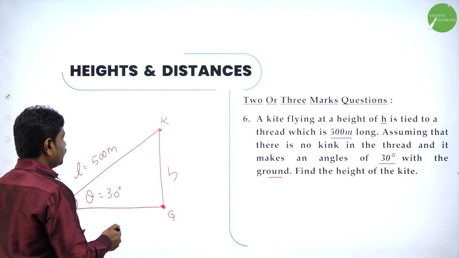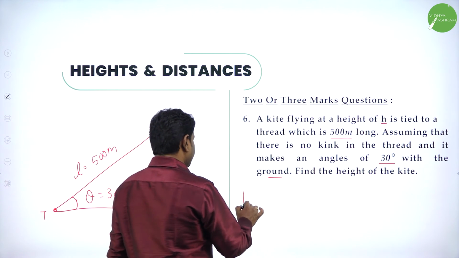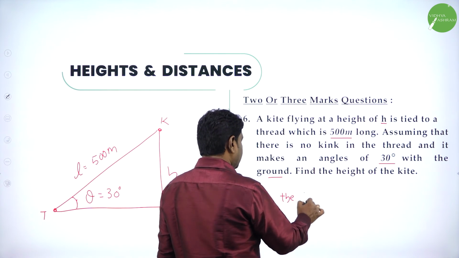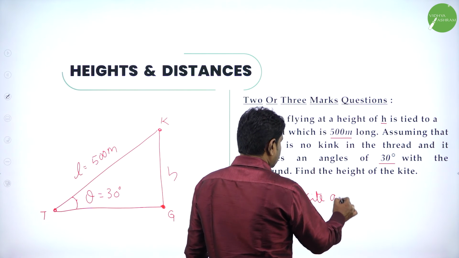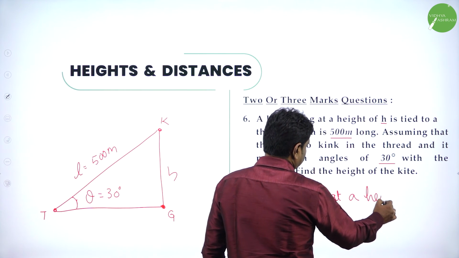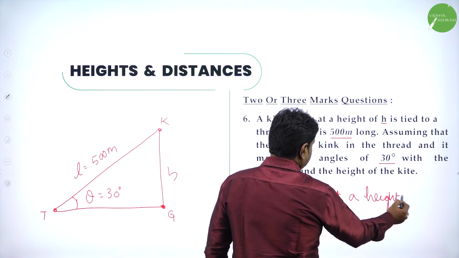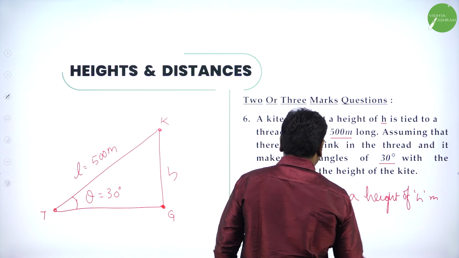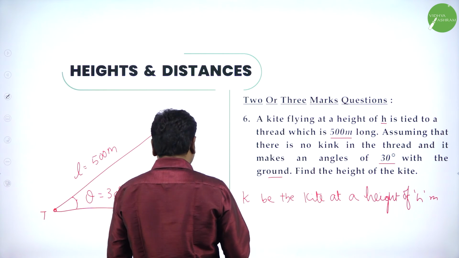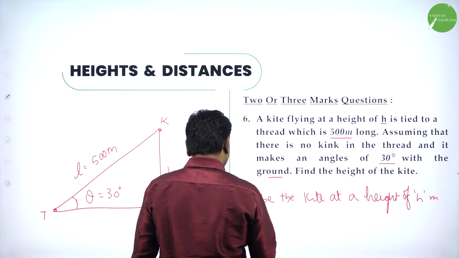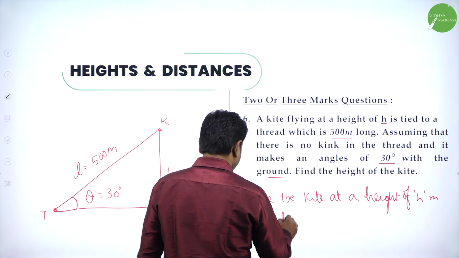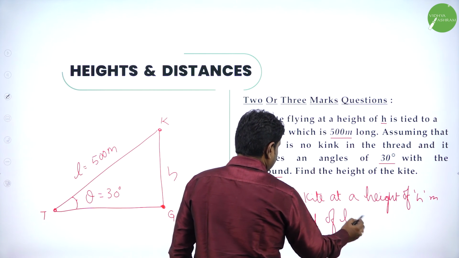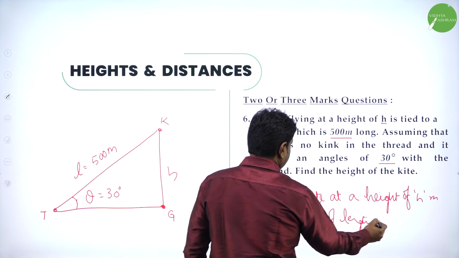So in the diagram, K is the kite, at a height of h meters, which we need to find. And they told us TK is the thread of length 500 meters.